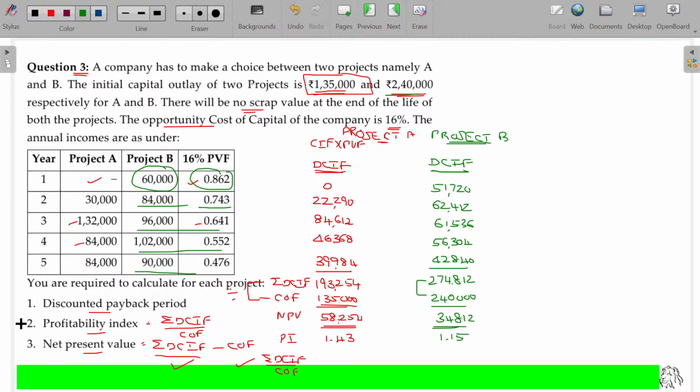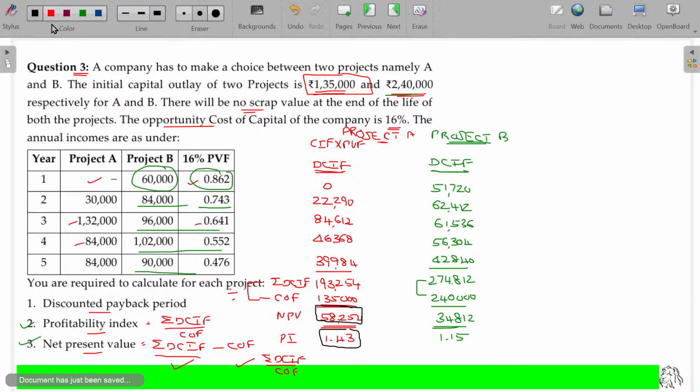So we have calculated the NPV as well as PI for both projects. Based on the NPV, we can choose project A as it gives more revenue. Based on PI, we also choose A as it gives a higher PI. In both cases, we choose A.